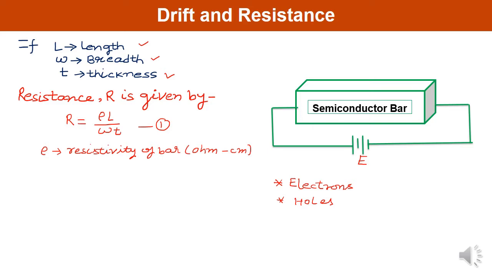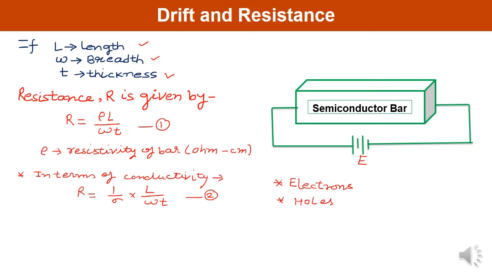In terms of conductivity, if you write resistance, it can be written as R is equal to 1 upon sigma into L upon W into T. So this is how it can be written in terms of conductivity.